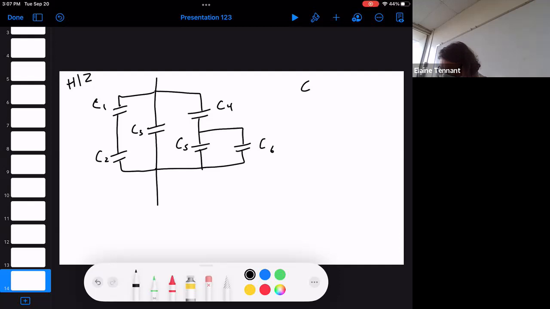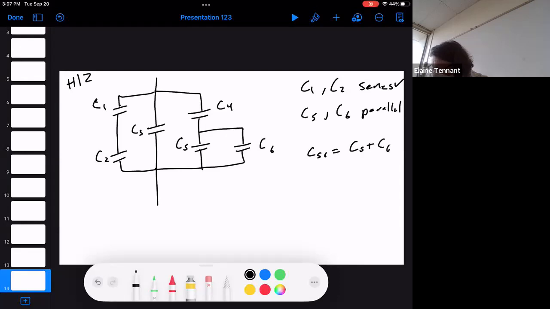Check. C5 and C6 are in parallel. So if I add C5 and C6 together, the equivalent C5,6 is C5 plus C6, because to add capacitors in parallel, you just add them up.